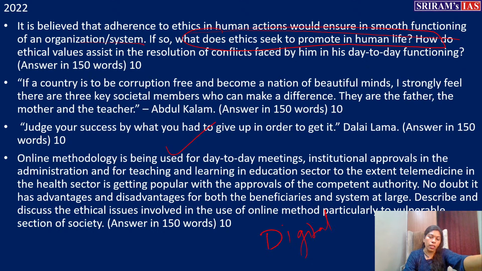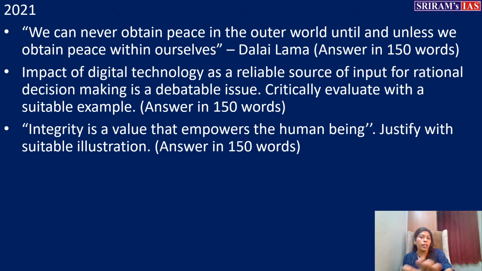Because COVID made it mandatory to transform in every sector, including healthcare, we are going digital. Even now, not only administration, not only governance, even farming is going digital farming. So that's how we are transforming to an online method. And there they asked the question in such a way: what are the ethical problems you are going to face? Okay, and even in 2021 this question has repeated.